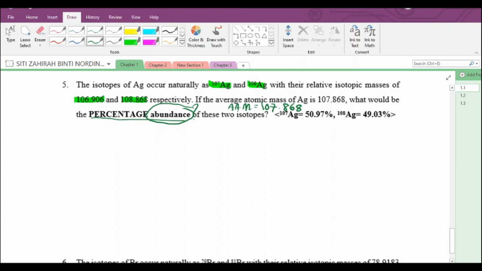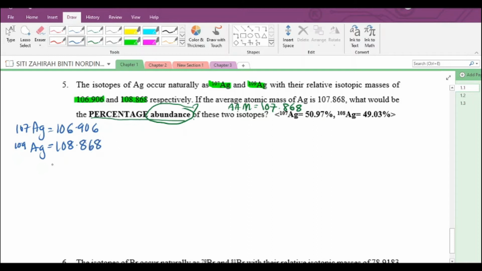But first, let's extract out the information. For 107Ag, the mass is 109.906. For 109Ag, the mass is 108.868.